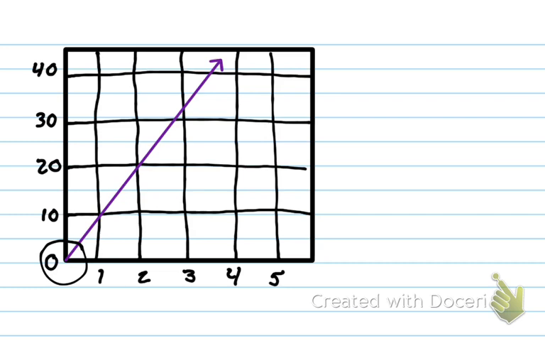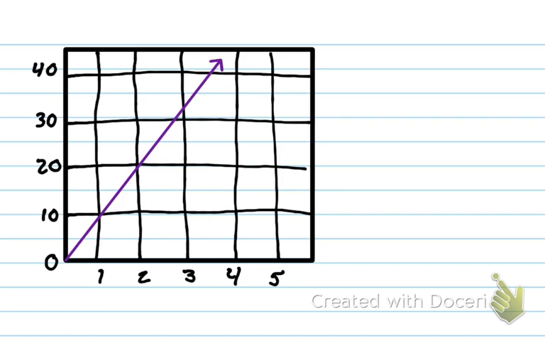So if it does on your quiz, you have to write an equation for this line. How in the world are you going to go about doing that? How are you going to do that, guys? You're going to pick 2 points on the line. Any 2 points.